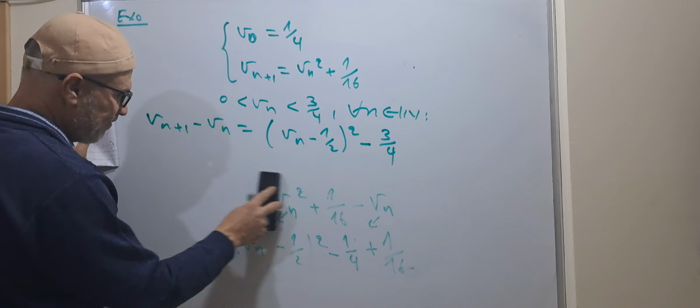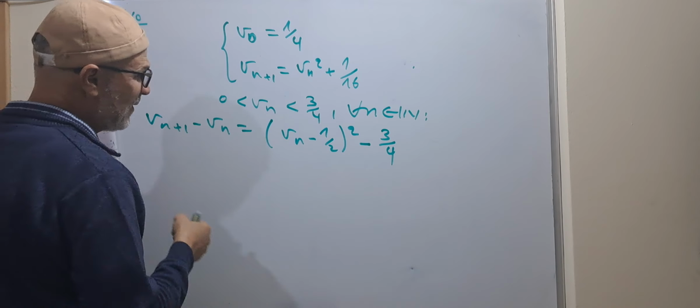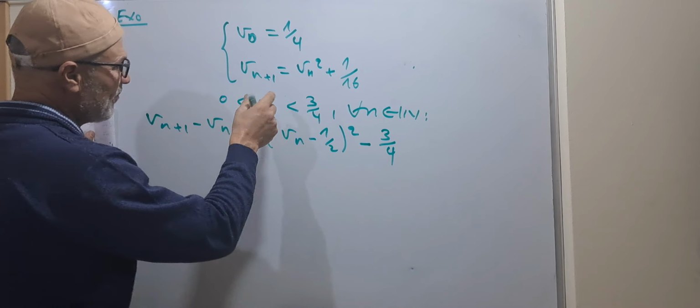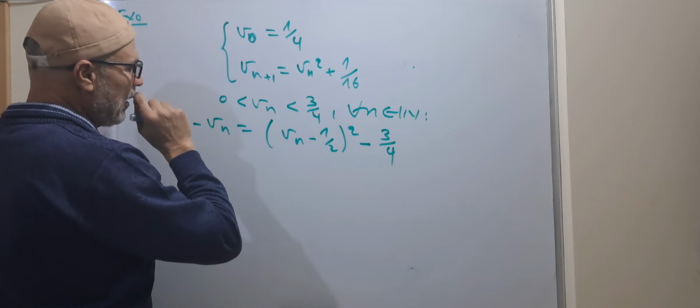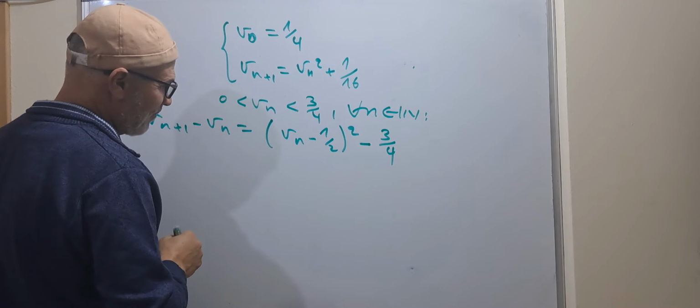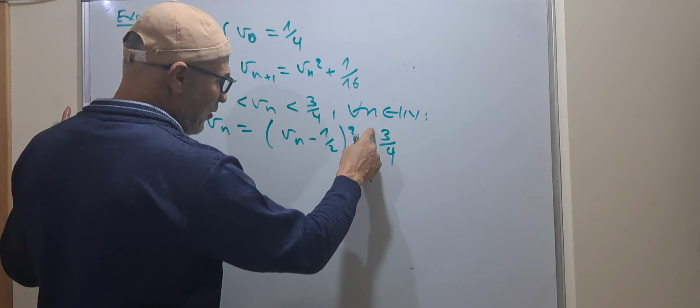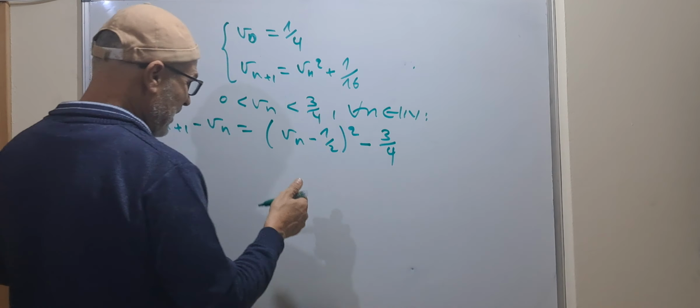So this is always positive. Minus 3 over 4. Is it negative or positive?